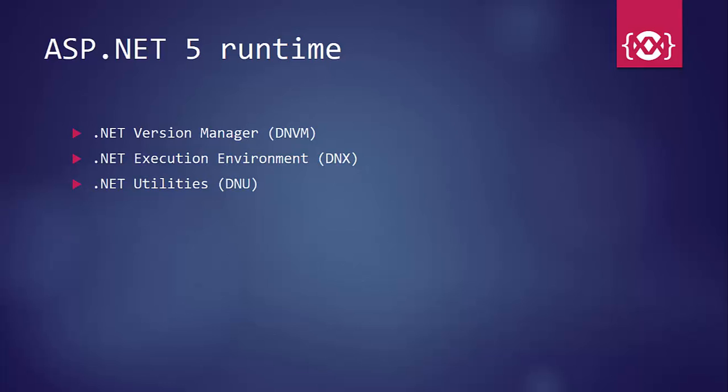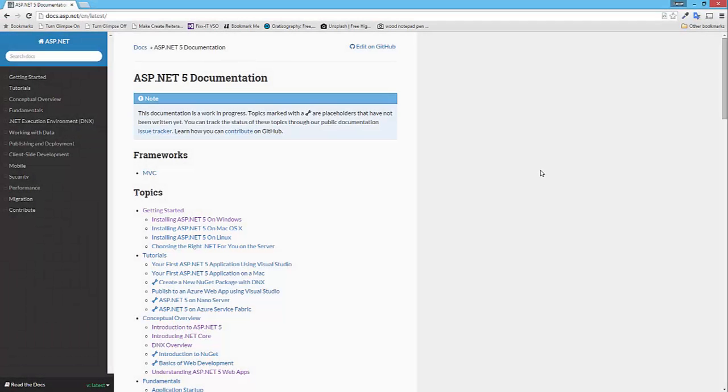It's basically an SDK, and different versions are available for the .NET Full Framework, .NET Core, and Mono. Thirdly, we have DNU, which is the .NET Utilities, and it includes functionality to restore our packages and basically uses NuGet in the background.